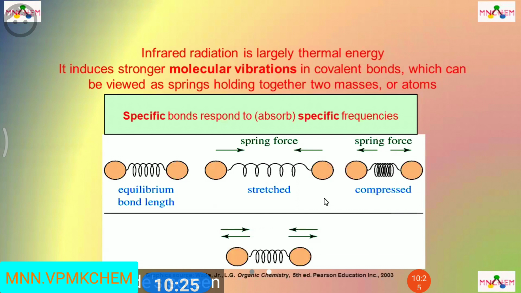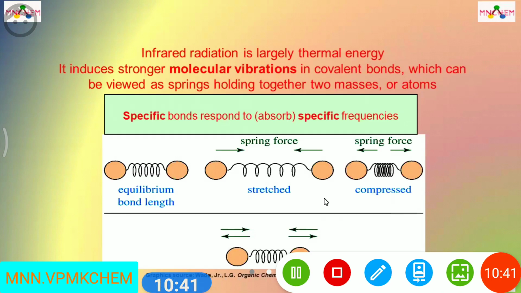This is the important point to study spectroscopy or IR spectroscopy in organic chemistry. So a specific bond or specific functional group absorbs at specific frequencies.